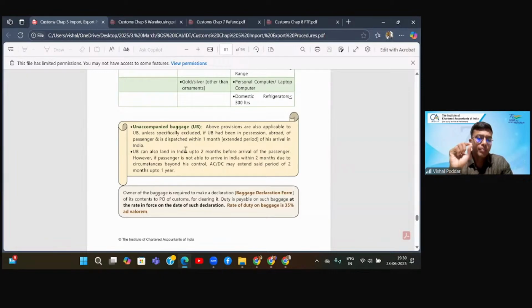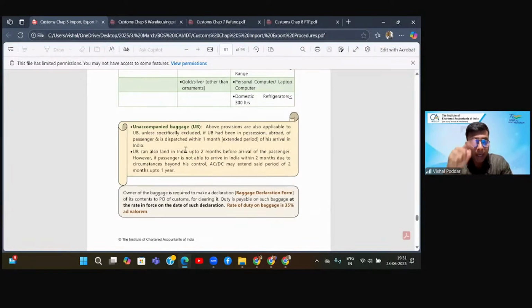So what is unaccompanied baggage? Firstly, if you remember, as I said, the definition of baggage under customs says baggage includes unaccompanied baggage. It means the customs wants to give the same treatment to an unaccompanied baggage that they give to the baggage which you bring along with yourself. Where you are bringing baggage along with yourself, no problem.